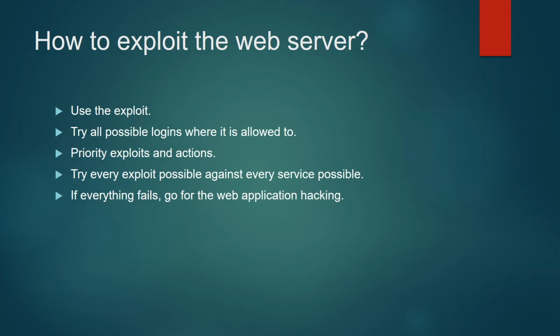So if everything fails on both fronts, now it's time to go for the web application itself. We can start searching for different vulnerabilities, different exploits, and start attacking the web application, which is the topic of our next module. There we're going to explain everything you need to know about web applications.